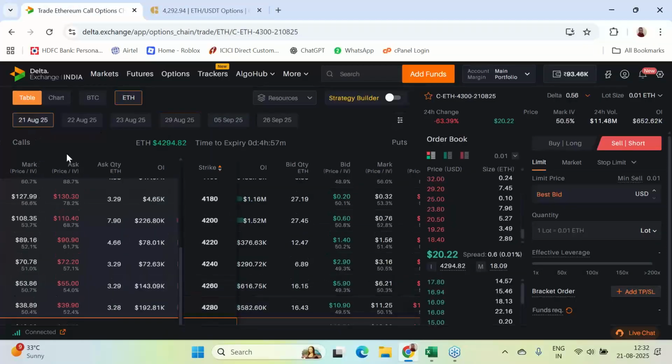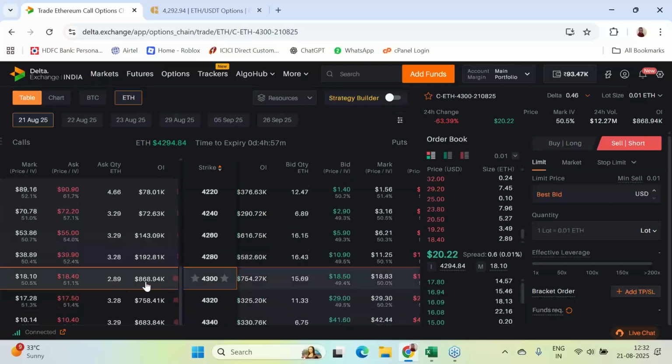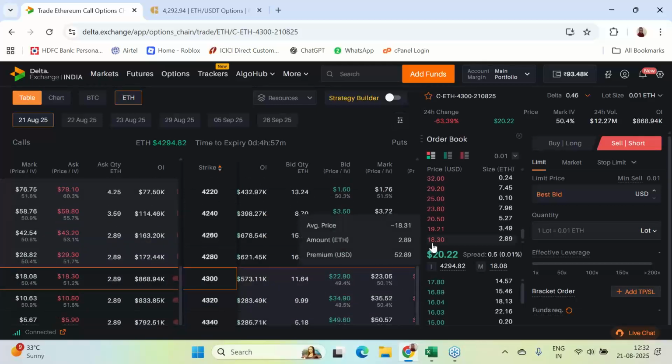If I go to 21st, 4,300 is $18. So $12 gain is coming here. If by chance or by luck the strike is becoming at the money by 1:30, our profit will be phenomenally great.